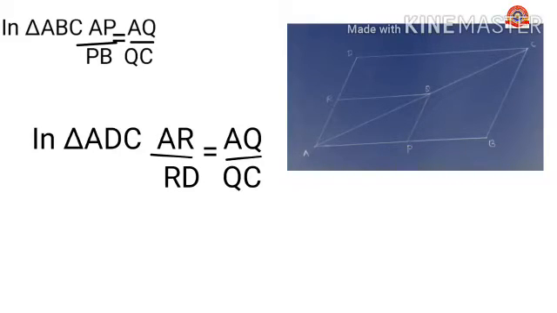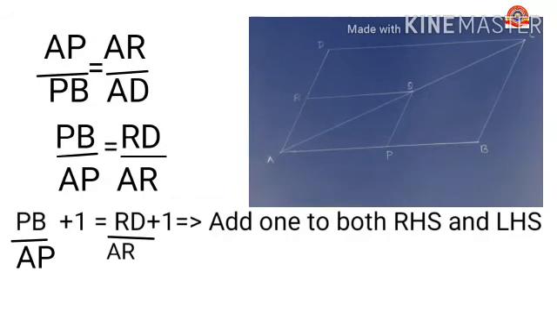From 1 and 2, we can write down as AP by PB is equal to AR by RD, which is equal to PB by AP is equal to RD by AR. That is, PB by AP plus 1 is equal to RD by AR plus 1. Add 1 to both RHS and LHS.